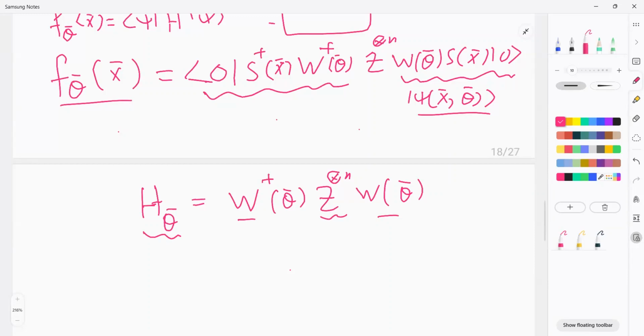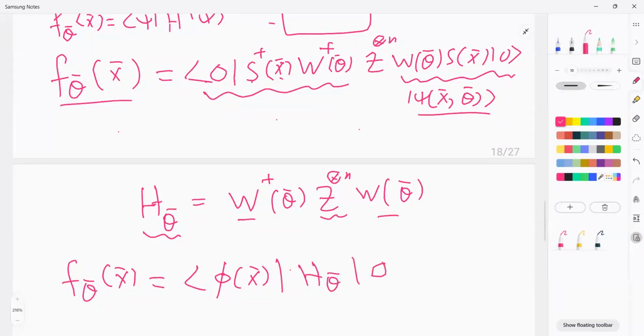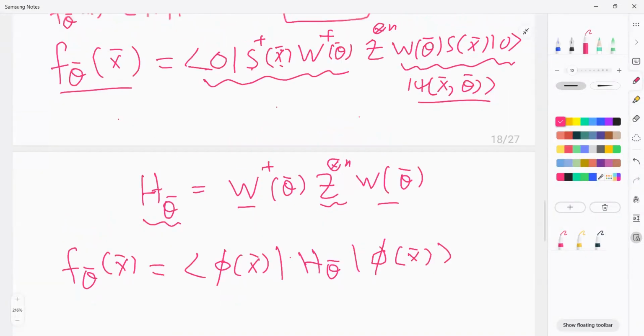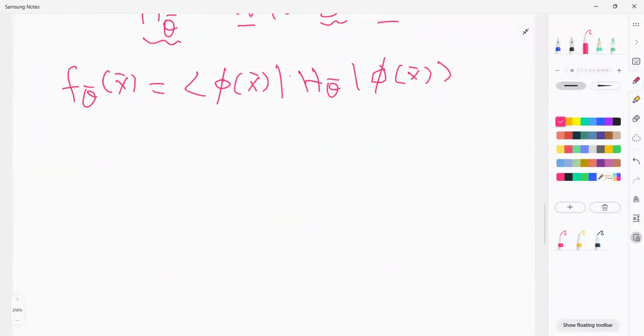So this H is Hermitian, which means that I can write my f theta of x as, and let's write this S of x on 0 as some phi of x, H theta, phi of x.